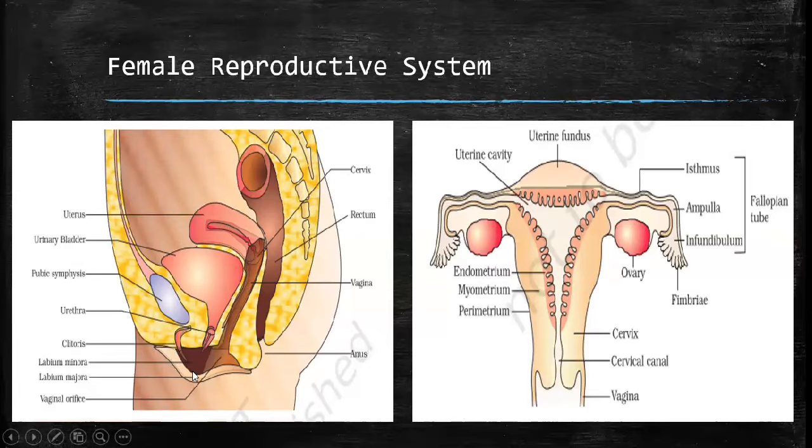And then we've got the vulva, which is the external part of the female reproductive system. And then what else you need to know is the urethra here. Guys, you need to know the urethra. They don't usually ask you about the side view, but some examiners can test you on this, so you need to know this.